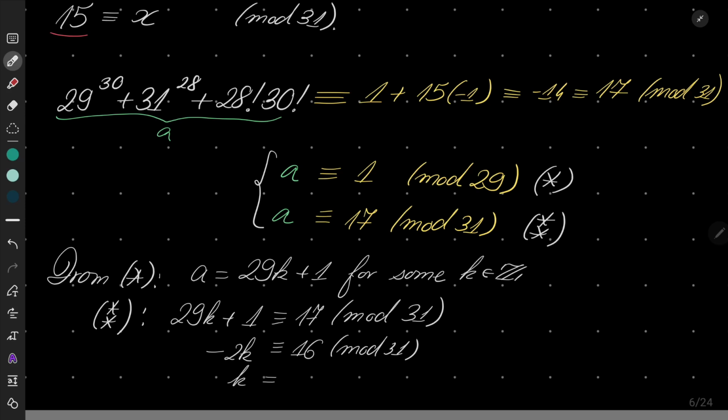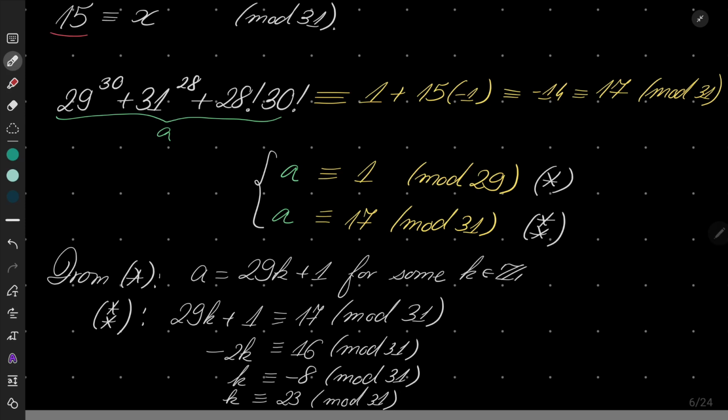So k is congruent to minus 8 modulo 31. We can add 31, so it's congruent to 23 modulo 31.